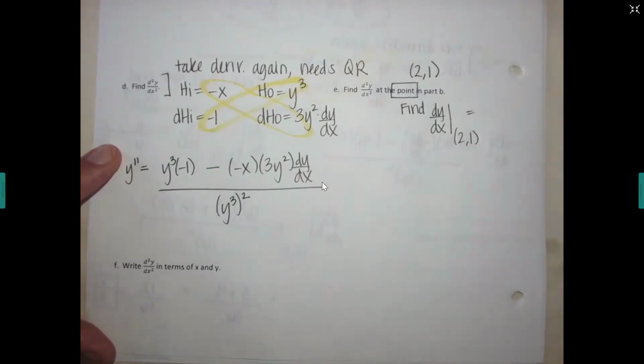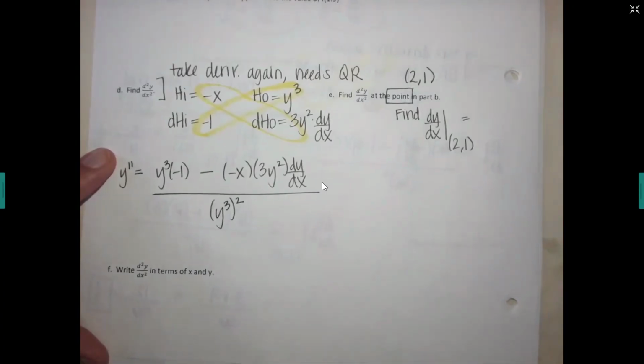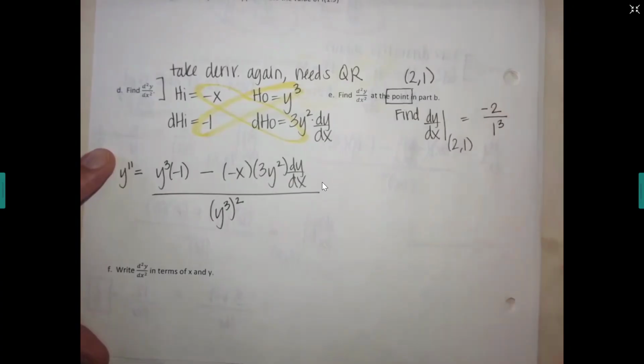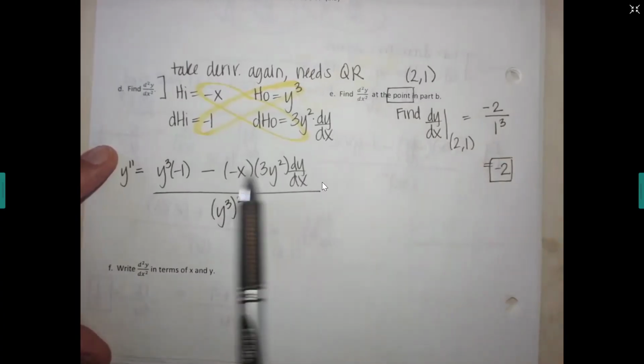Now remember, I have 2 versions. I can pick whichever one I want, but I'm going to pick the easier one. Do you remember that it was negative x over y cubed? So now it's -2 over 1 cubed. What will I use for my dy/dx? -2.